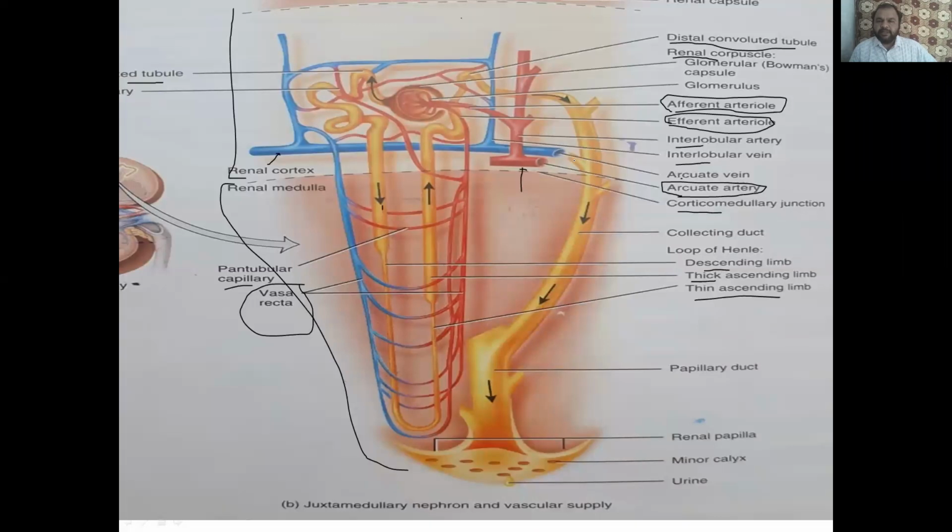So many distal convoluted tubules unite to form the collecting duct. Many collecting ducts in such a way unite to form the papillary duct. The papillary duct enters into the minor calyx, and then you can have the urine. So this is the structure of the juxtamedullary nephron.